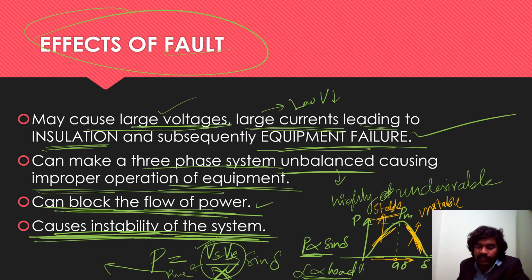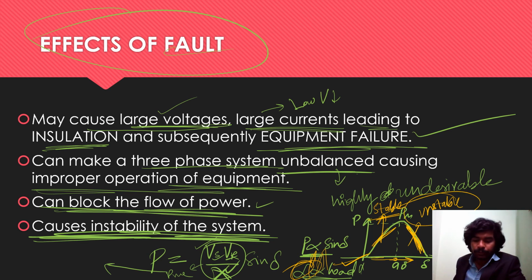We will discuss this in detail later, but for now keep in mind that whether the machine operates in the stable or unstable region depends upon the load, which influences the delta angle. So when a fault occurs, this delta value will abruptly and dangerously increase, and it drives the system into the unstable region.